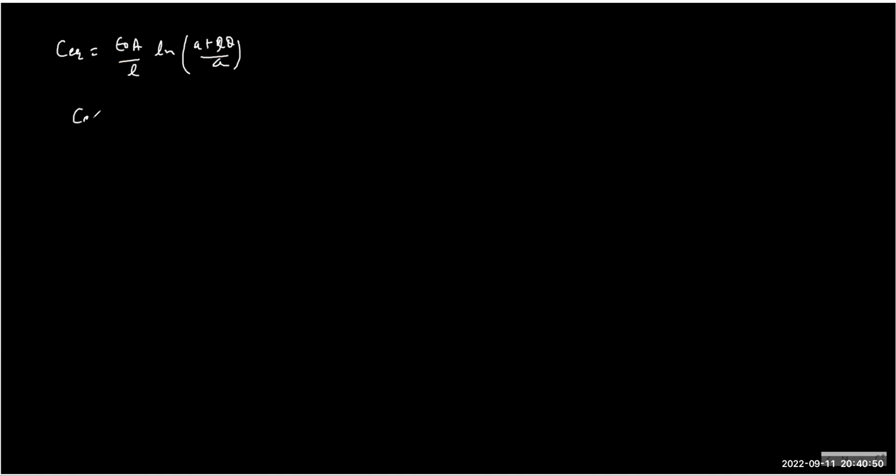And this we can rewrite as epsilon naught A by L, ln of 1 plus L theta by A.